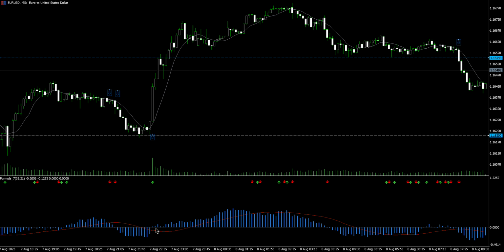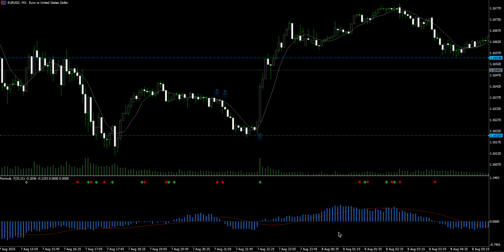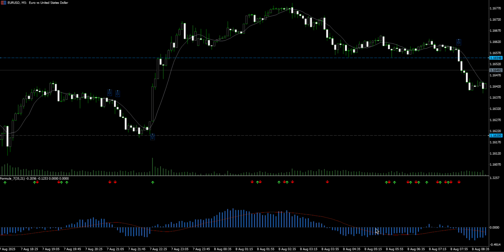So the bar graph, of course, if it crosses up, it's an upward momentum. If it crosses down, it's a downward momentum. So in order to use this as a signal line or alone, it's terrible and it's not very accurate. That's why I just added an extra filter of divergences.